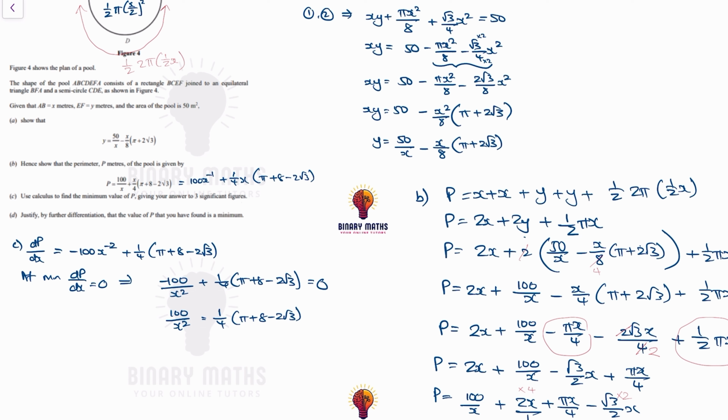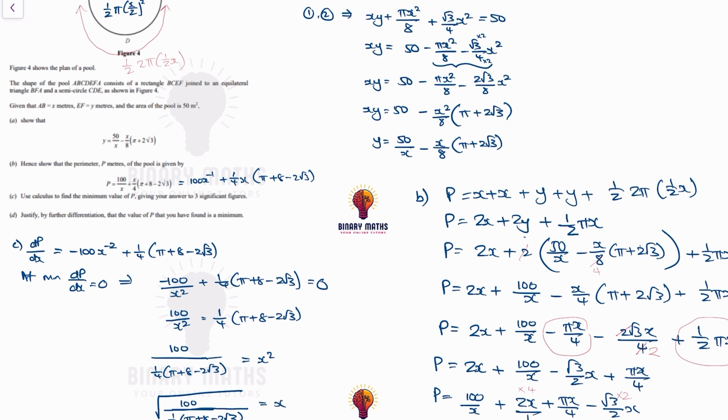If I swap it over, then I get 100 over quarter times pi plus 8 minus 2 root 3 is equal to x squared, which is the same thing as square root of 100 over a quarter times pi plus 8 minus 2 root 3 is equal to x.